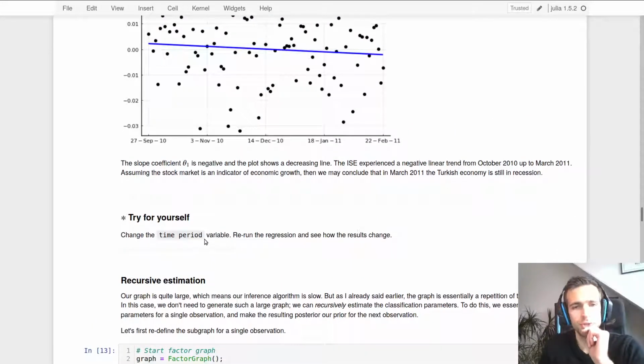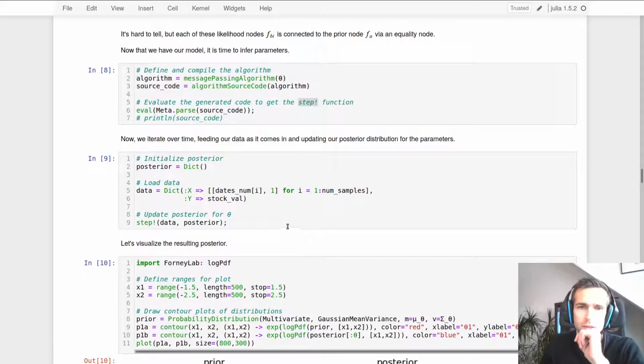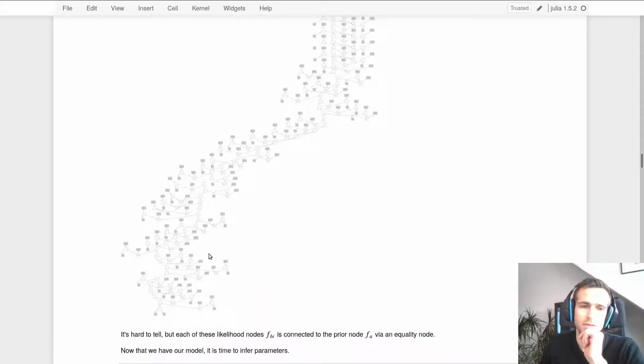Should you change this time period variable to span the entire range of January 2009 up until February 2011, you're going to find that inference in this model is quite slow, or takes quite a long time, because, well, you can imagine why that happens. We're repeating the same subgraph structure.